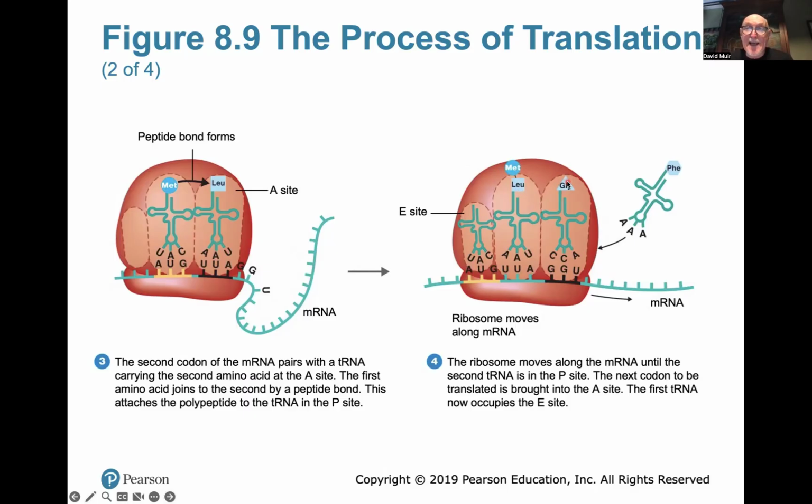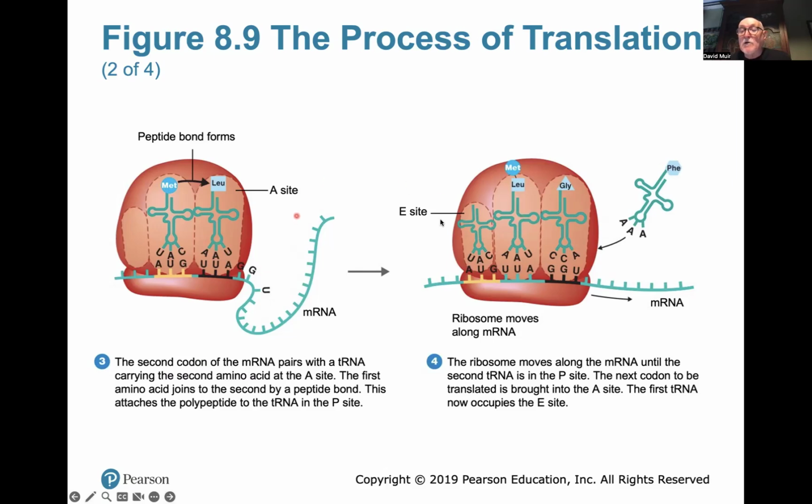What is in the A site? Not this way around. This is not going to go that way. This goes that way. No matter how long this chain is, it moves that way. And it will now leave this empty. We'll have 3 here. We'll have methionine, leucine, and then glycine joined. We'll have this empty.